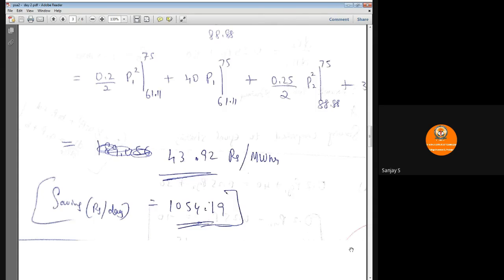Similarly, we also calculate savings in rupees per day. Per hour it is 41.92, per day it should be 41.92 multiplied by 24. This finishes the calculation of savings in rupees per hour and rupees per day. Have you understood the problem?